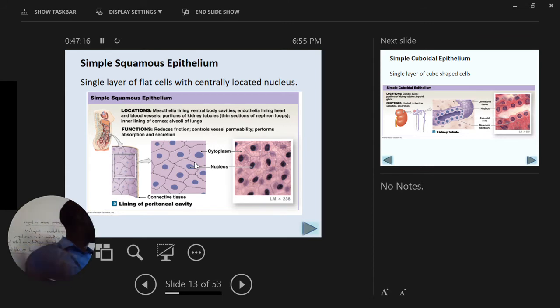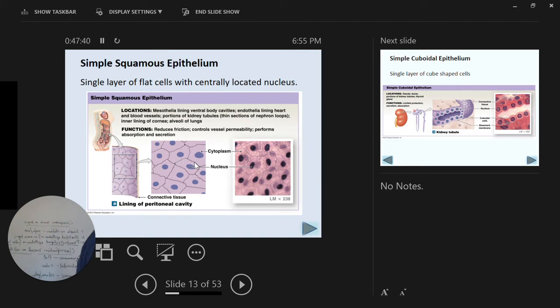Make sense? Good. Now, what does it look like? This is how it looks like. You can see the nucleus, right? So the nucleus is centrally located. The nucleus is at the middle of the cell. This is a cell. This is another cell. This is another cell. And you can see the nucleus at the center. So we say the nucleus is centrally located.